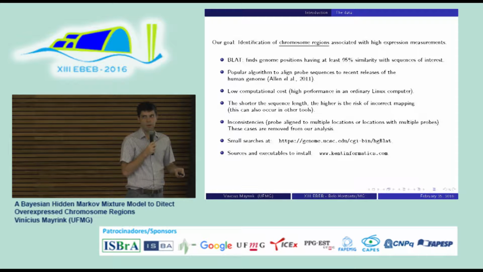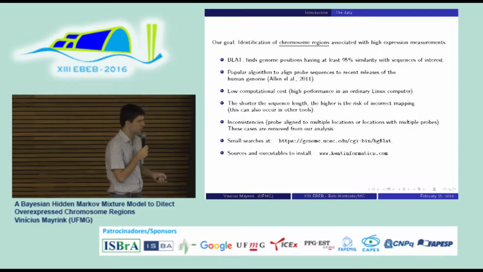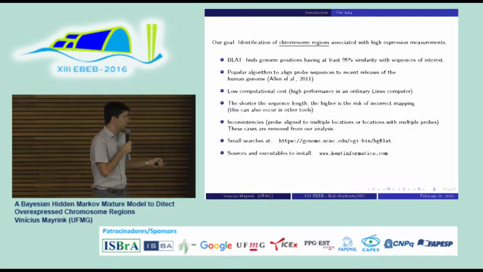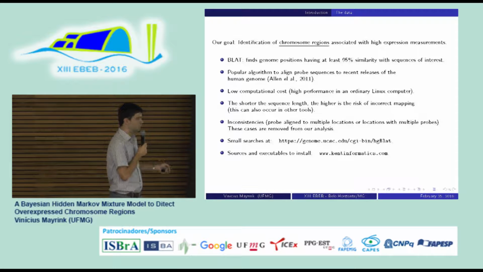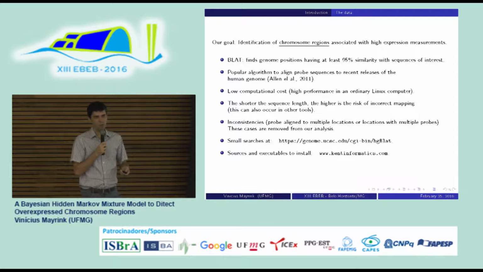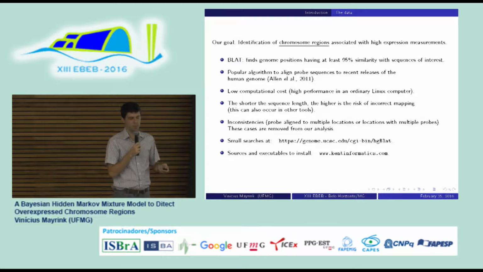Other techniques also have some problems. For example, if the length is very short, you will have a higher risk of incorrect mapping. And inconsistencies, we may have probes being aligned to multiple locations and locations with multiple probes. But those cases here, we remove from our analysis because they are very few compared to the universe of thousands of genes that we are going to map and use.